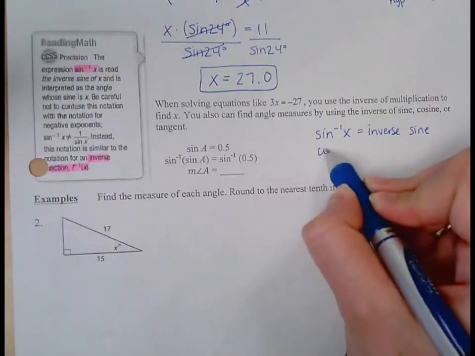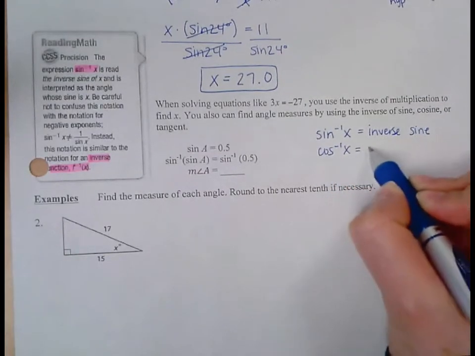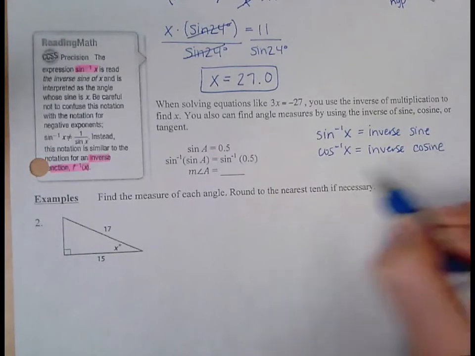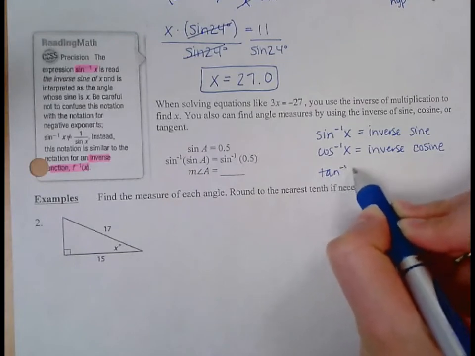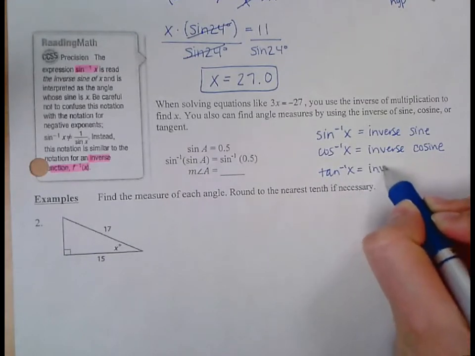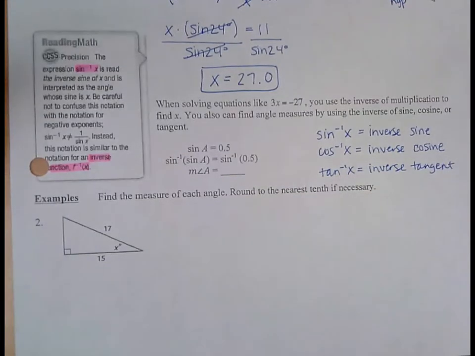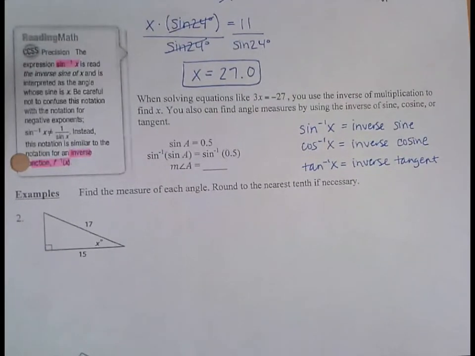And if you see that notation with cosine, that's inverse cosine. Same with tangent. These are used to find angle measures for a right triangle. There is not an inverse cosecant, an inverse secant, an inverse cotangent. It's just sine, cosine, and tangent, the main three that have inverses.